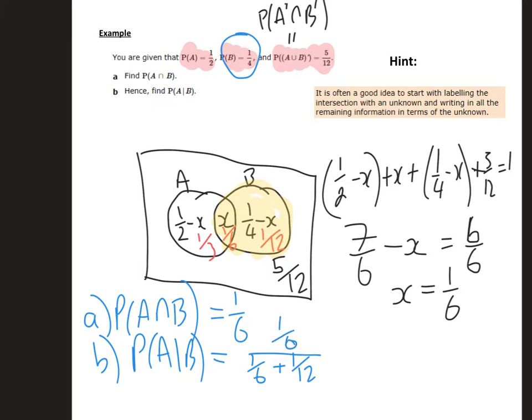That's 1/6. So I can type it into my calculator, or I can times top and bottom by 12 to get 2 over 2 add 1, so 2/3. So given that B's happened, there's a 2/3 chance that A happens. The trick we did there is, if I don't know the middle, call the middle x, make an equation using the fact that everything adds up to 1, and then solve it.